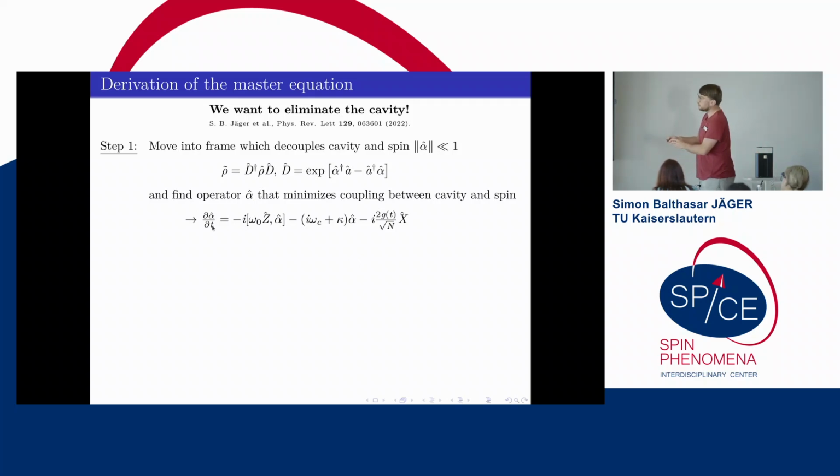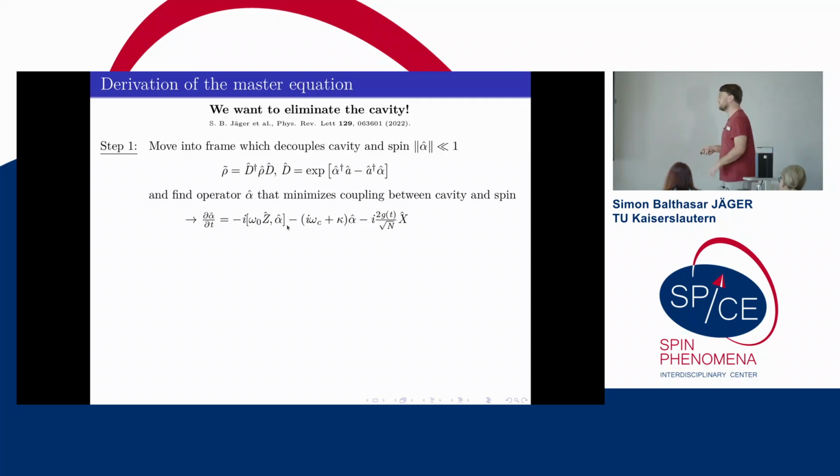I typically call this the effective field operator because it reminds a lot of the cavity field that you would typically study. Here, it has just the response of the bare cavity, the omega c and the kappa, so the decay and the frequency of the cavity field. And then it is also driven by the underlying matter. So you get a typical inhomogeneous term in your differential equation. This is a drive, and this drive is now an operator. All of these are operators, and it's also time dependent.